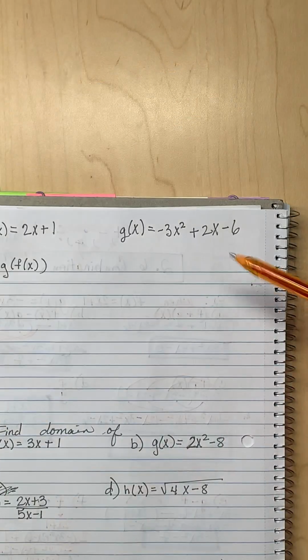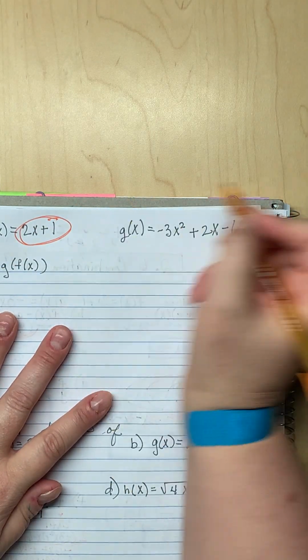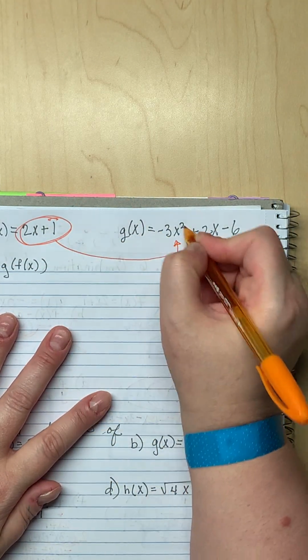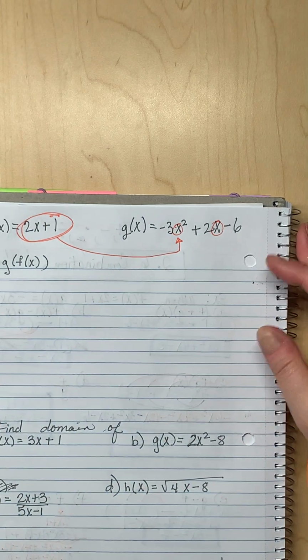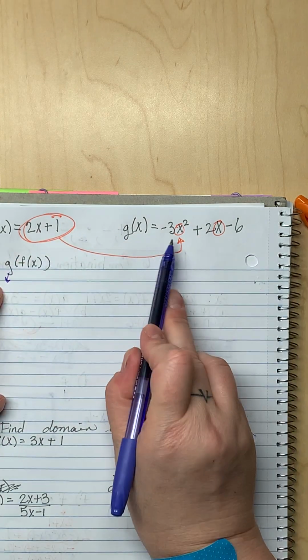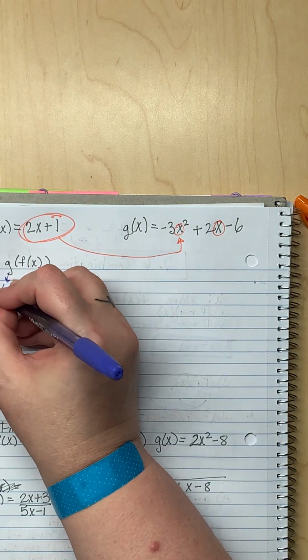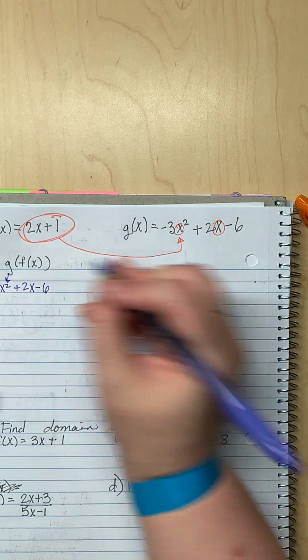So I'm going to take this f guy, and he's going to replace these little x's of my g. My g equation was negative 3x squared plus 2x minus 6.